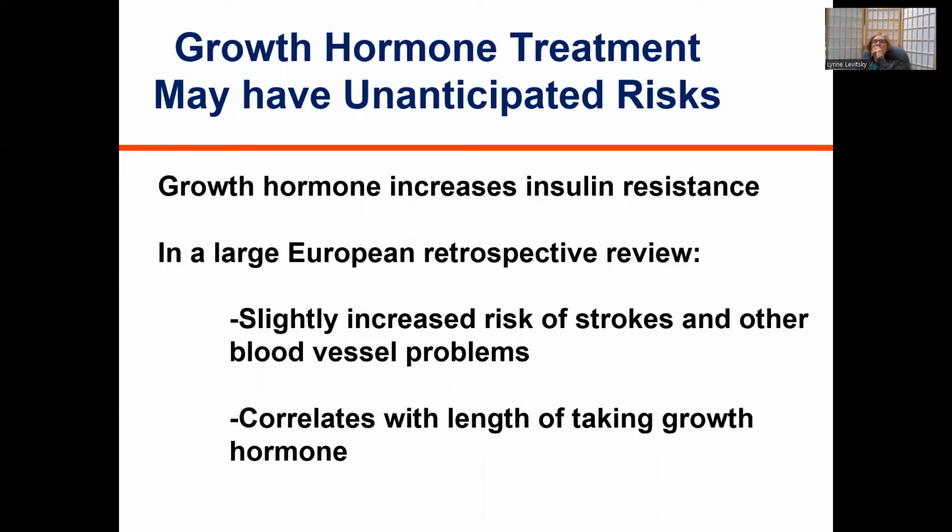Growth hormone treatment may make you grow a little faster. It may also have some unanticipated risks, which you should know about. It increases insulin resistance, and perhaps that could make things worse in terms of diabetes. People who have diabetes who are given growth hormone, because they're often also growth hormone deficient, it's a bear of a time trying to balance their insulin against their growth hormone to get them to grow, but it can be done.